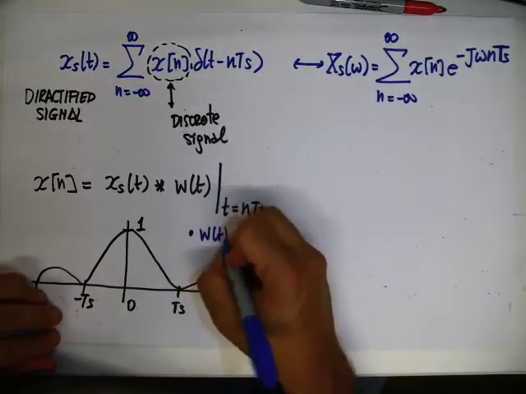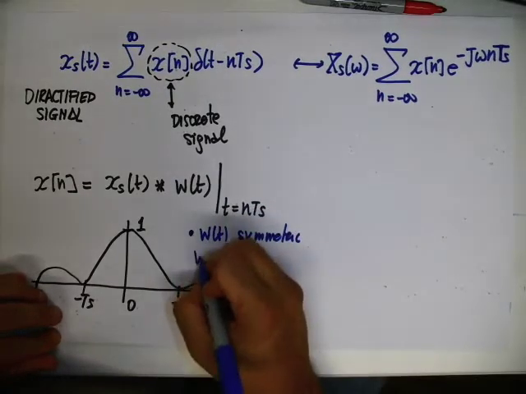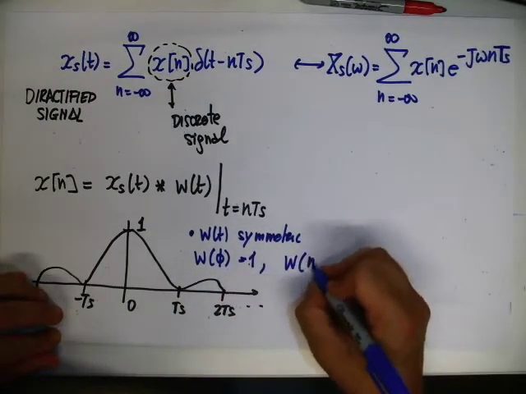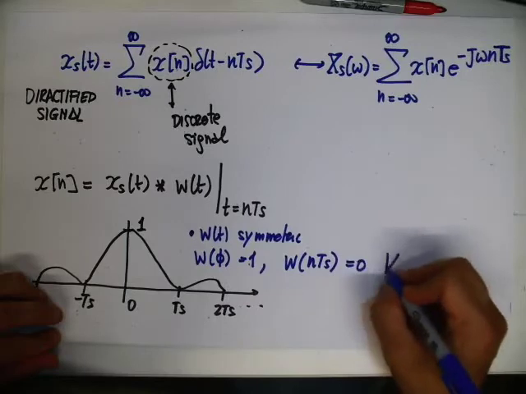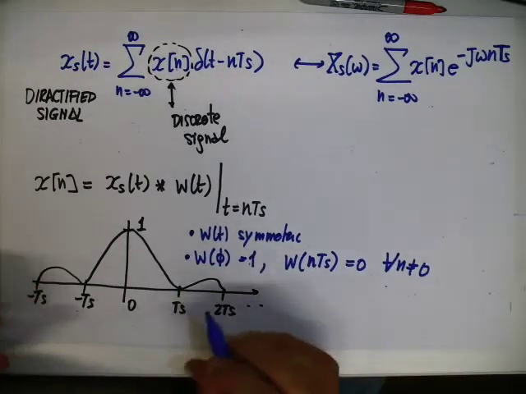So w(t) has to be symmetric, then w at 0 has to be 1, and w at n Ts has to be 0 for any n different than 0.